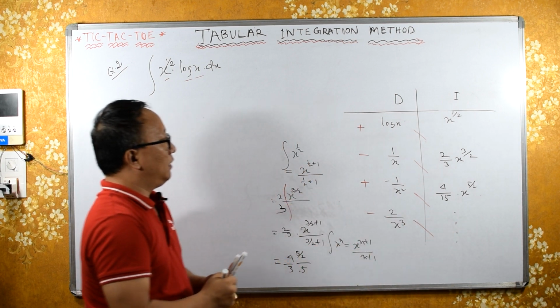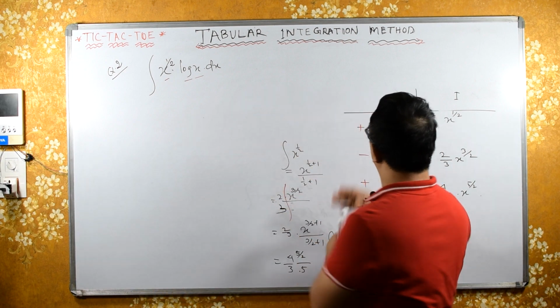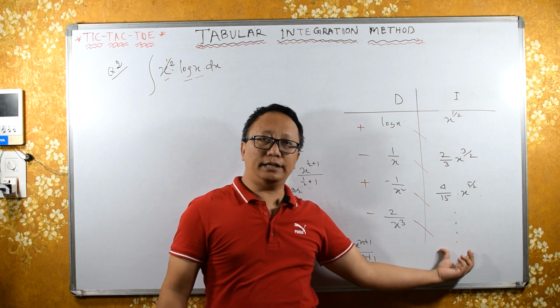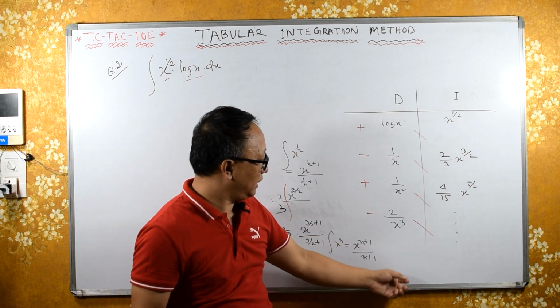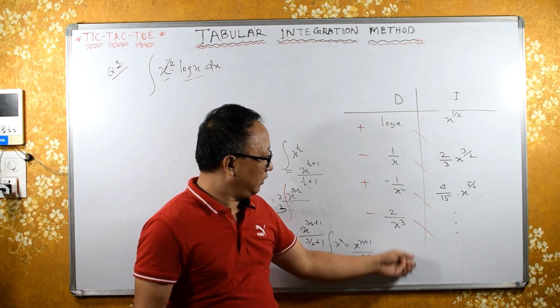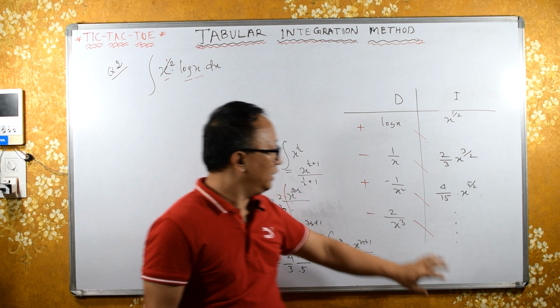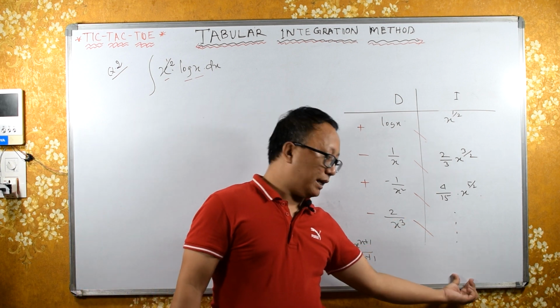Now look, neither this part nor this part is getting 0. If we differentiate this, it will keep on going, and if you integrate this also, it will keep on going. So we are not getting any 0 term, neither on this side nor on this side.